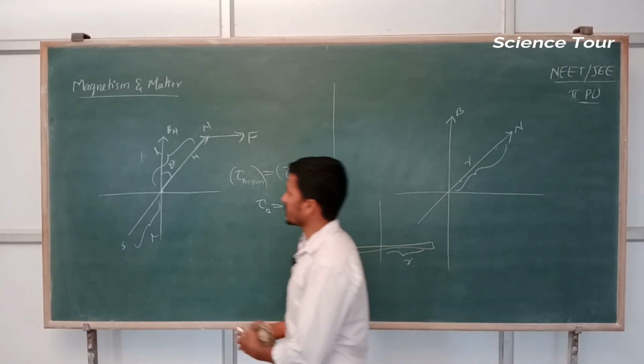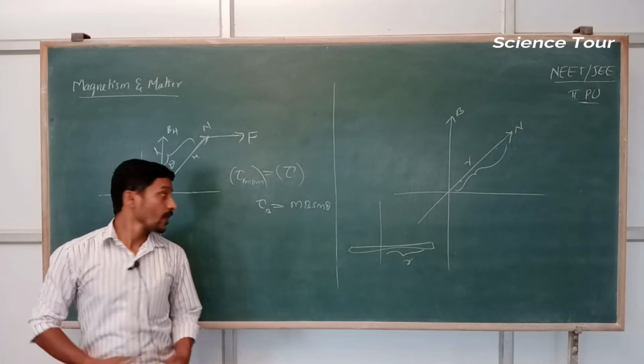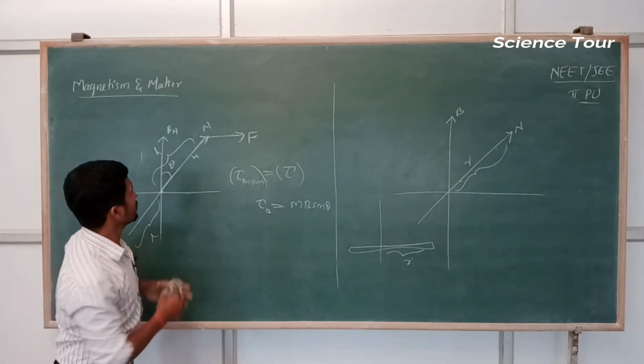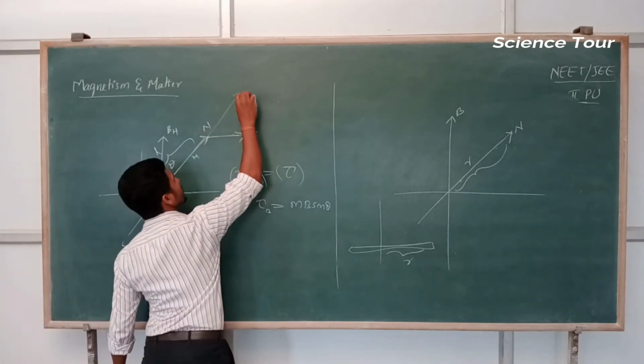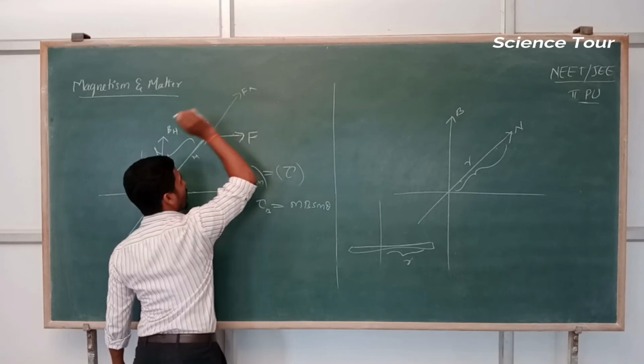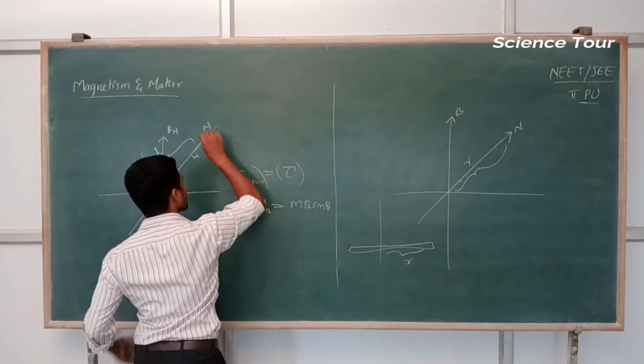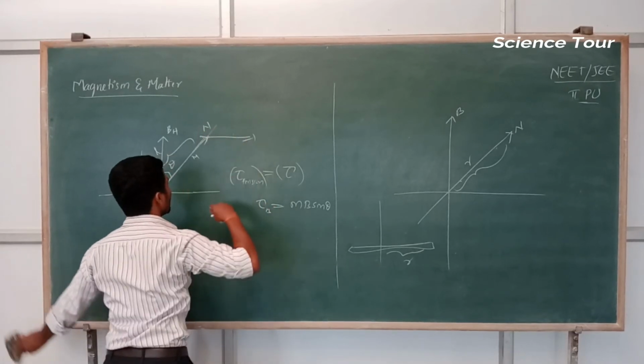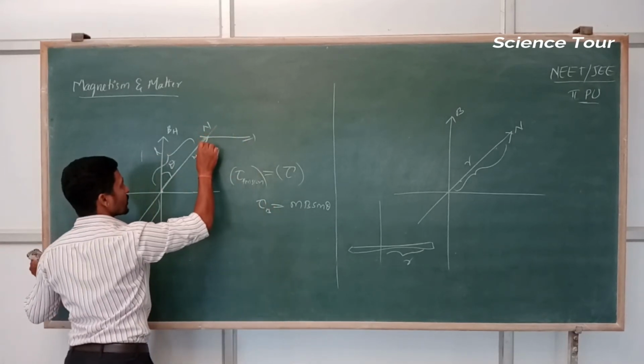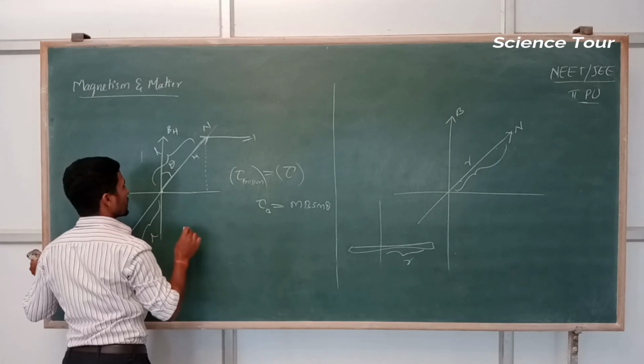Now what is the direction of that force? If I apply the force along the length, there is no torque. So I apply the force making an angle theta in this way. We write down a perpendicular.